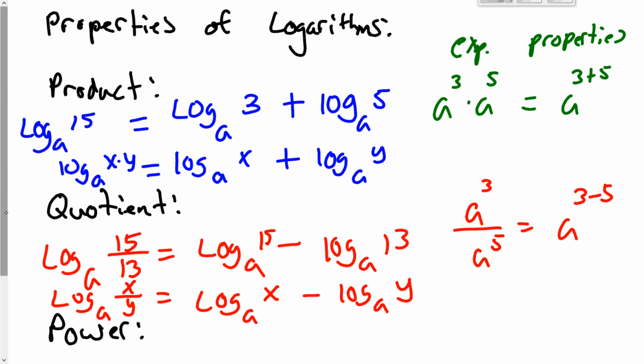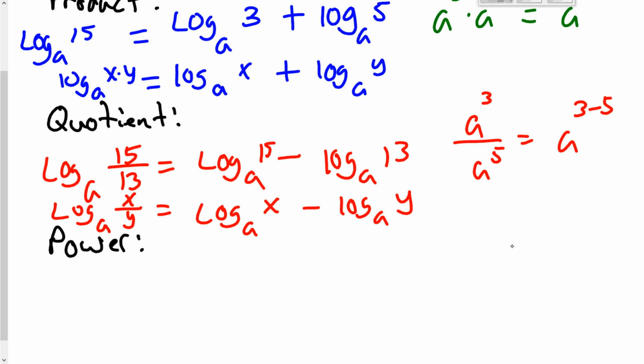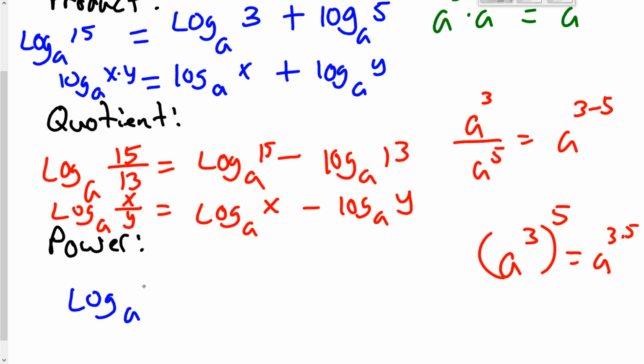Okay? And then the power property is when I have a base raised to an exponent and then I raise that to another exponent, I multiply 3 times 5. The same is kind of true on a logarithm. If I have a log of some base of 3 raised to 5, well then I don't multiply 3 times 5.